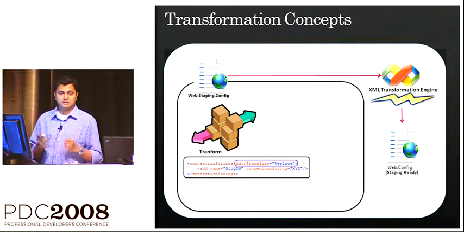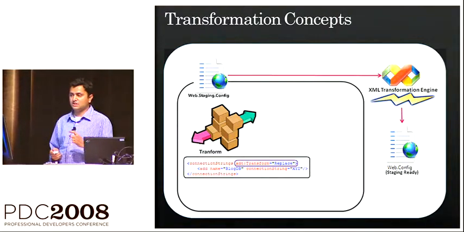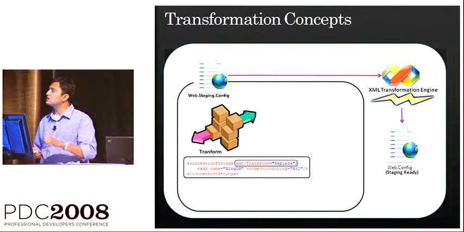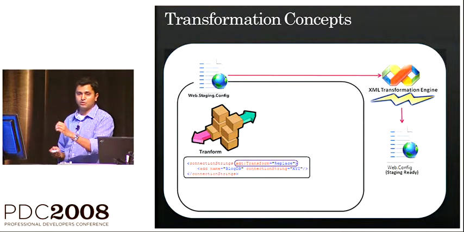XDT:transform replace. As simple syntax as that. And that will replace that particular section. The reason it is shown under web.staging.config is that is where you will be placing that code. And it will basically go ahead and replace your connection string with that particular value.